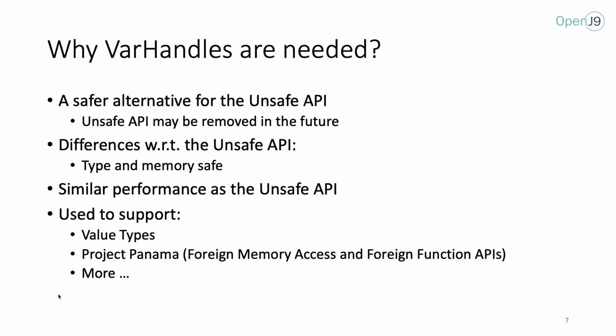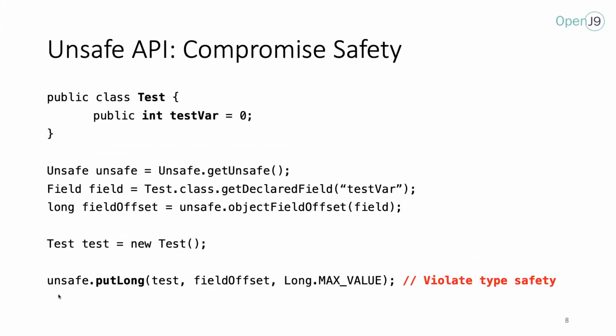So before we dive into VarHandles, let's see why Unsafe is bad. In this example, there is a class test, and in this class there is an integer field named test_var defined, and we are using the Unsafe API in this example to modify the test_var field in class test.